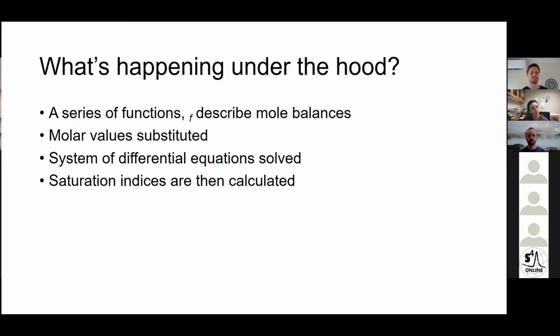Like all models, it's only as good as the assumptions that the developers have made, and then the data you're putting in and your understanding of the system and the processes. So it's very possible to do something very unrealistic in a model like PHREEQC.